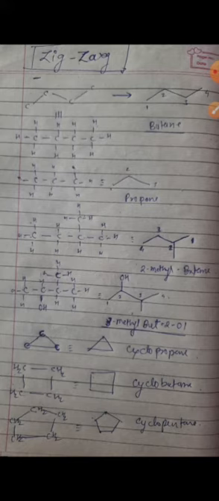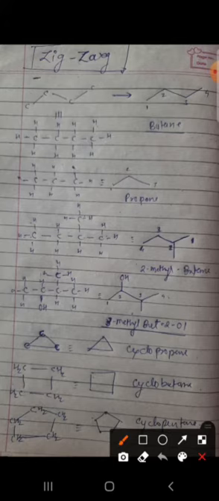So first we have to understand what zigzag representation is. As we learned in the previous classes, we write the organic long chains like methane, propane, then butane, and other molecules, in this way.